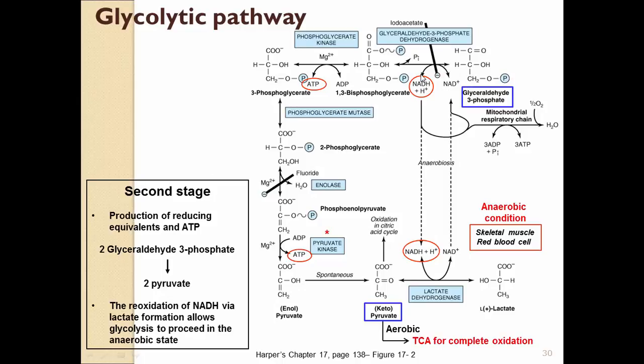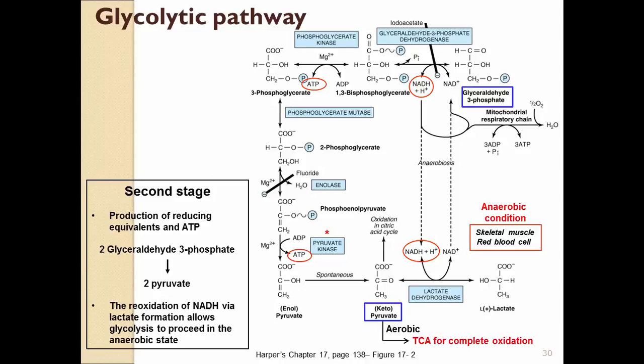So NADH is a reducing equivalent. Do you guys remember? This molecule contains energy that can be used for ATP production through the electron transport chain, right? Remember this? So one molecule of NADH is produced through this reaction.